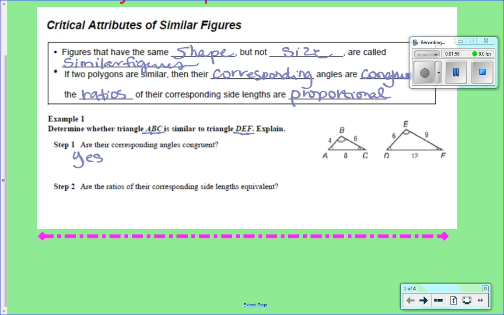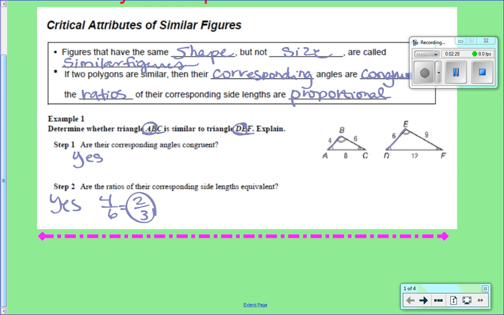So yes, and then we checked. Step 2, are the ratios of their corresponding side lengths equivalent? What'd y'all get? Yes. And then how did you get their ratios? Okay, so we got AB, right, corresponds to DE, so 4 over 6, and that simplifies to what? 2/3. So they all need to simplify to 2/3. Are we good?